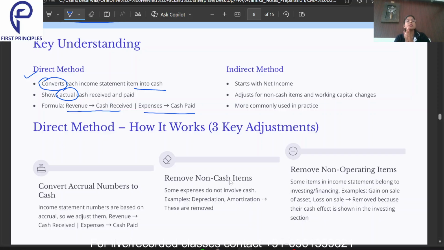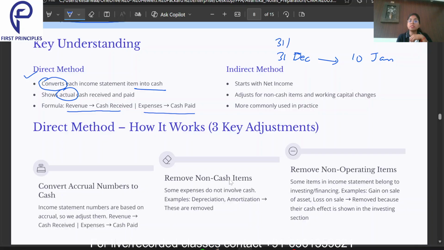Suppose this year I need to pay the subscription of Netflix by 31st December 2026. Suppose I don't have enough funds, so I request Netflix to let me pay it by 10th of January. My due date for the expense was 31st December, but I actually paid it on 10th of January.